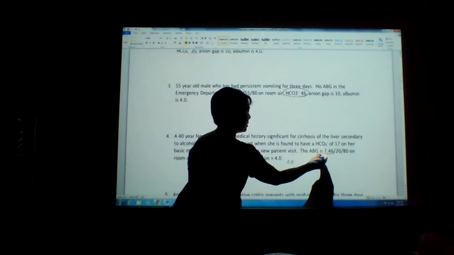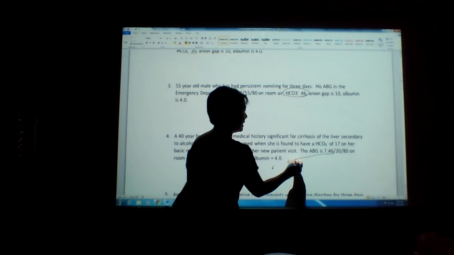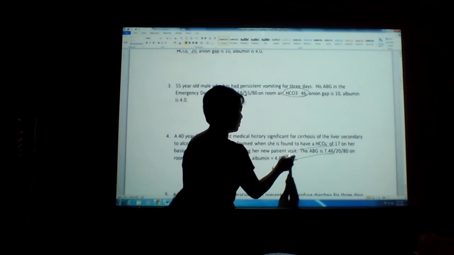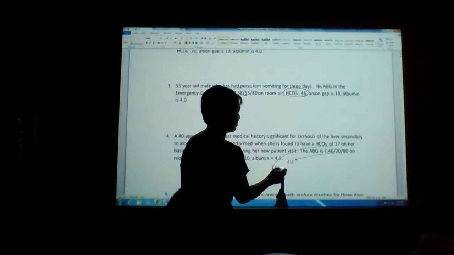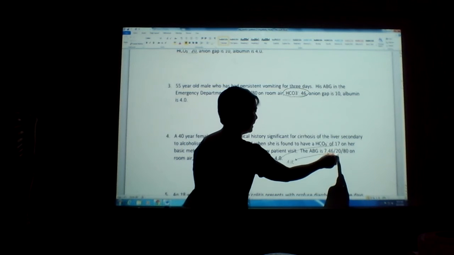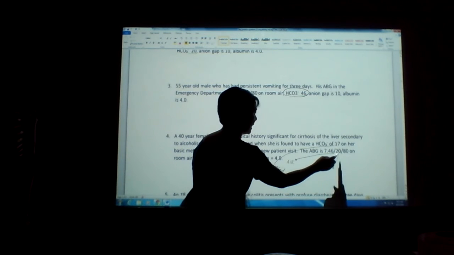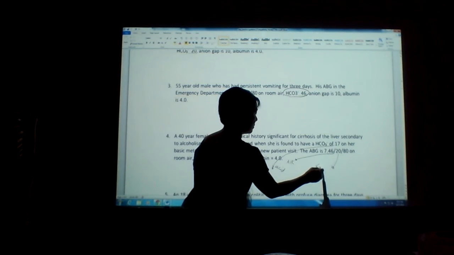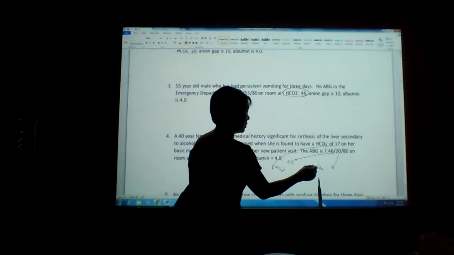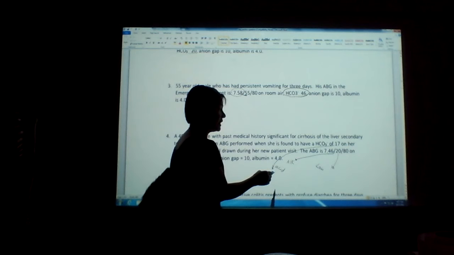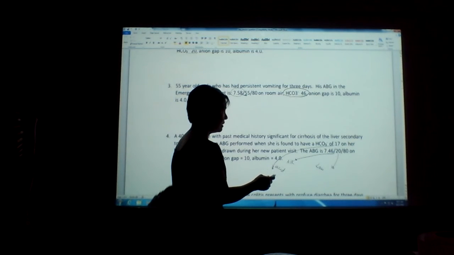So the pH is high, that's alkalosis. The bicarb is low, so that must be acidosis. And then the PCO2 is low. So I'm going to write compensating. Then, how can this be?